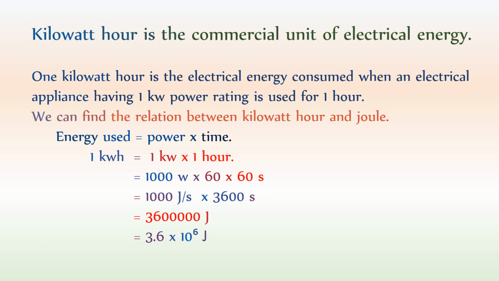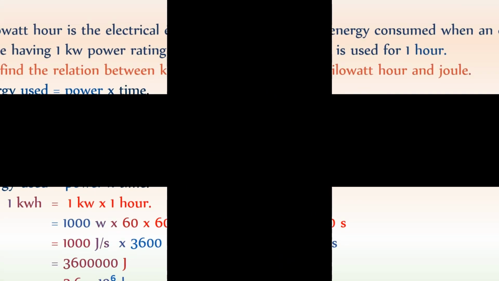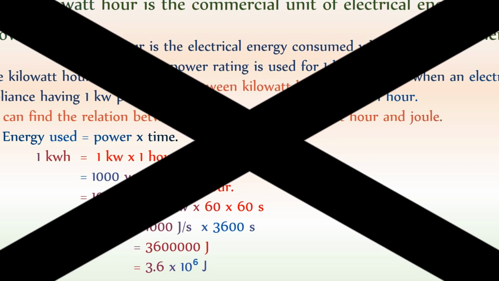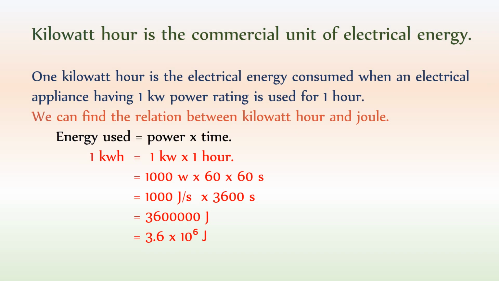We shall use the formula energy equal to power into time. 1 kilowatt hour, kWh, is equal to 1 kilowatt into 1 hour. 1 kilowatt is equal to 1000 watt and 1 hour has 60 minutes and each minute has 60 seconds.